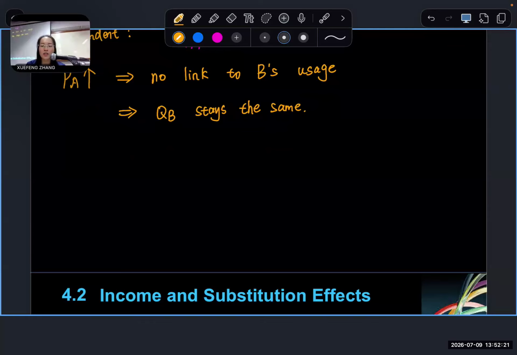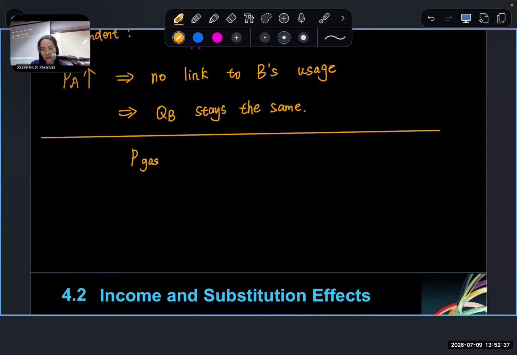Think about if the price of gasoline increases, so the quantity of motorcycles will decrease. Example here: the price of gasoline increases, and the quantity of scooters decreases. So in this case, they are complements, right?